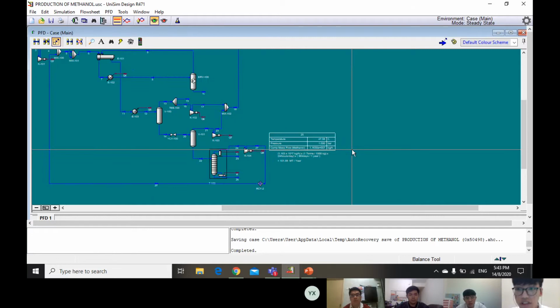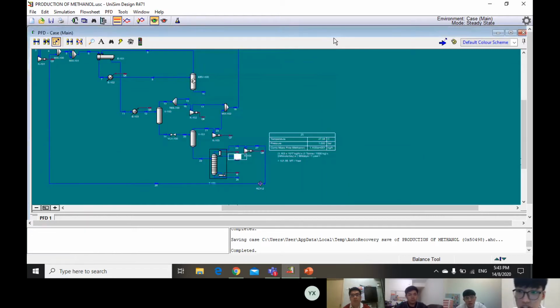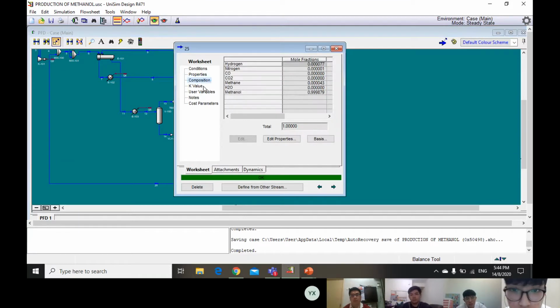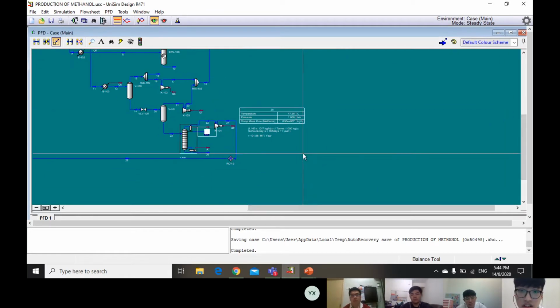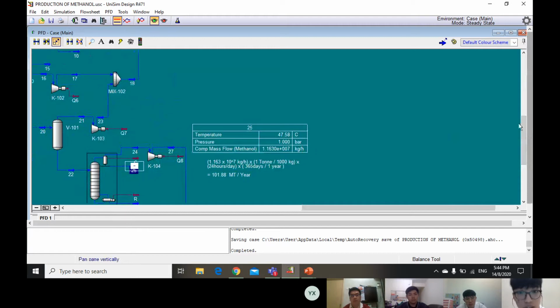Throughout the simulation, stream 25 will be the product stream for the process, which contains most of the methanol. The mole fraction for methanol in this stream is 0.99, so it's around 1. The maximum rate obtained for stream 25 for methanol is 1.163 times 10 to the power 7.